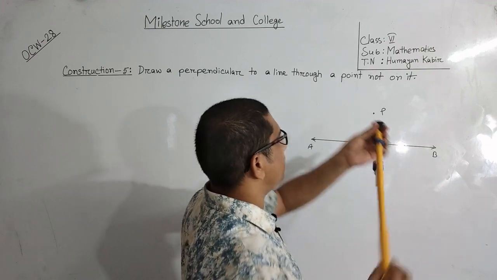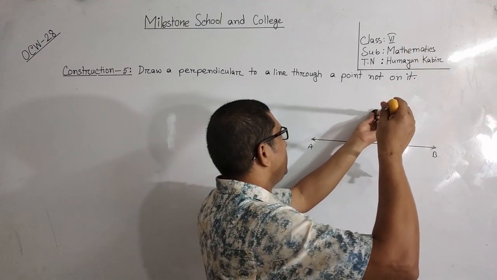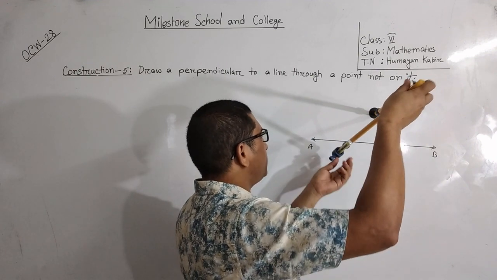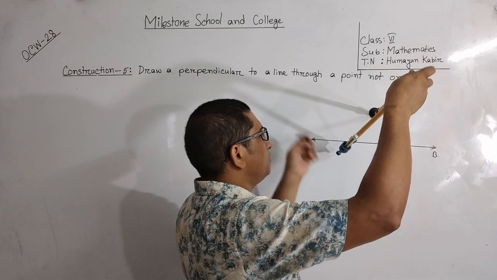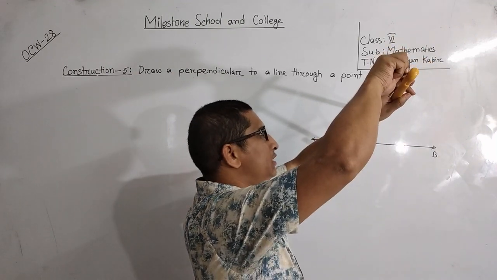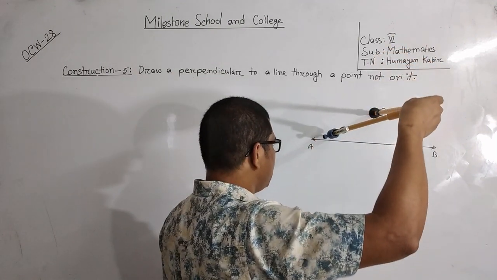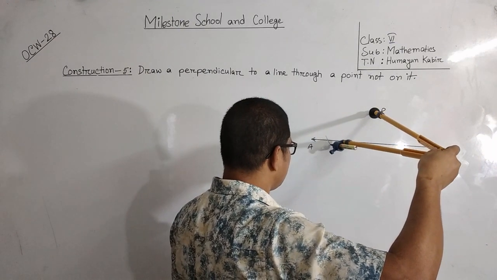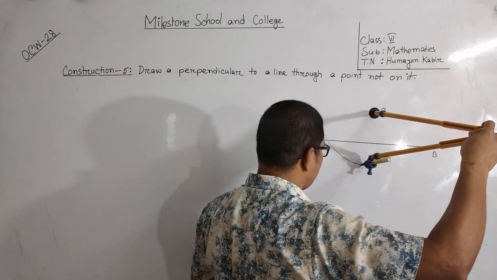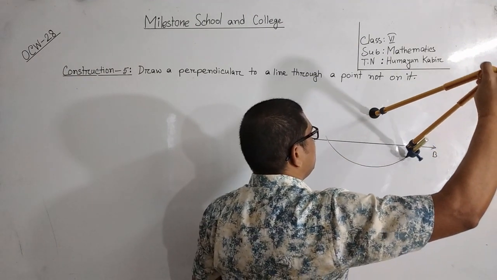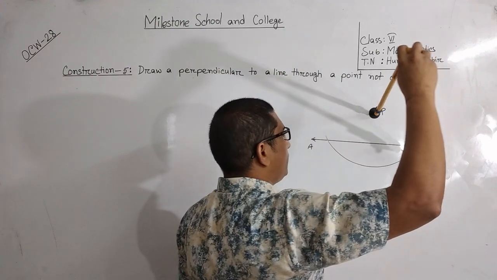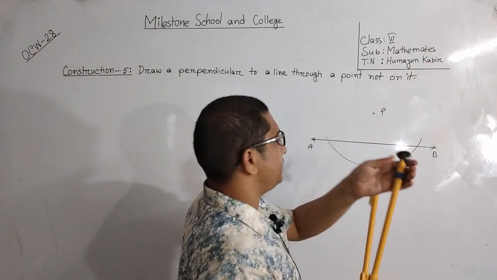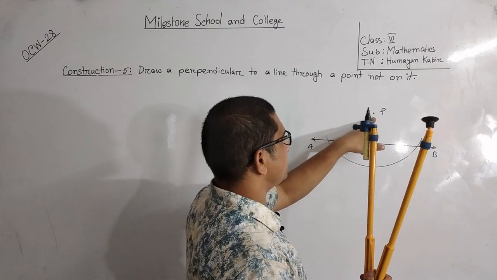Here, this pointer will be set on the point P. After that, we will take a suitable radius and draw one arc, taking P as a center.